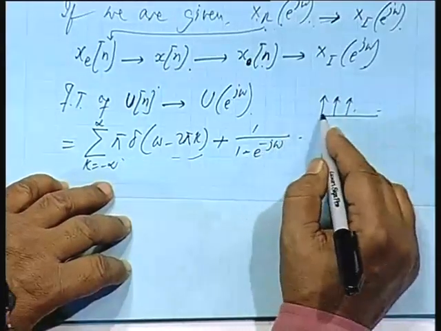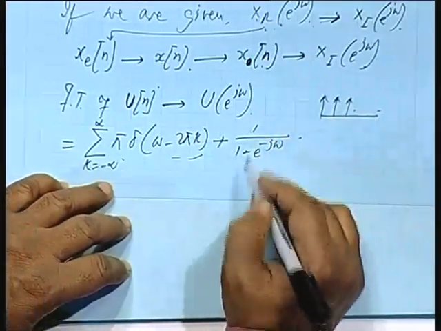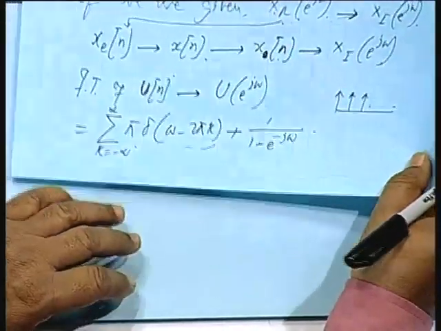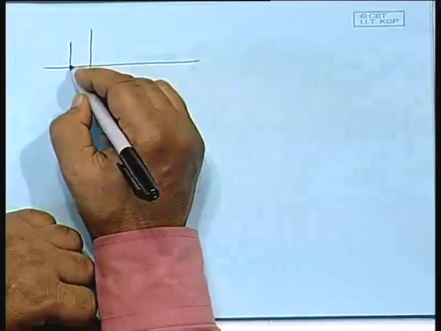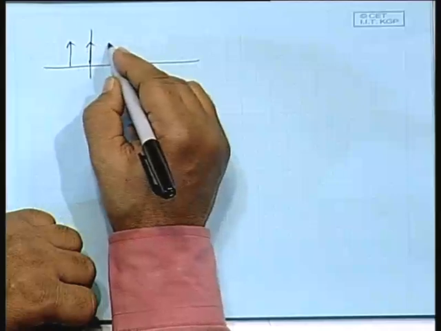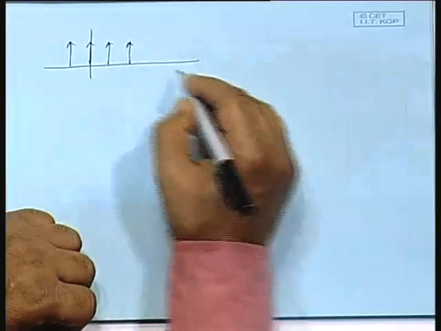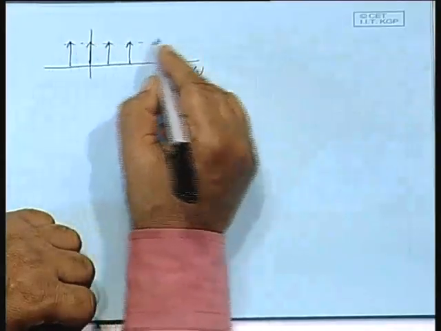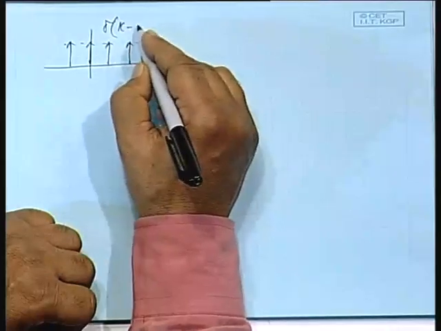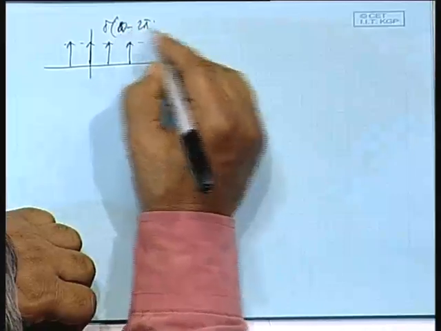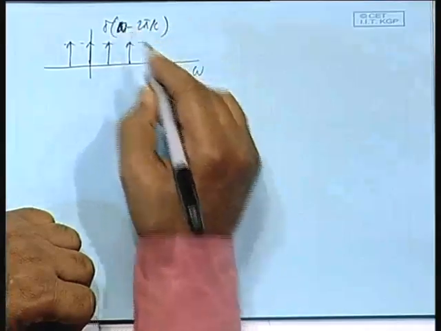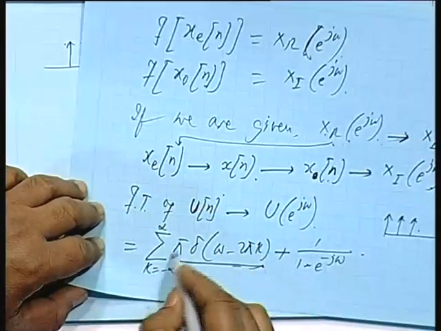When you take the Fourier transform of only this series, this is the sum in the normal case. So, we get basically a sequence of impulses in the frequency domain, impulses δ(ω − 2πk), multiplied by π.